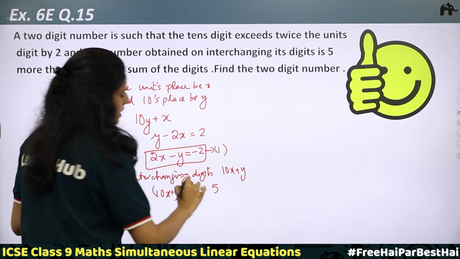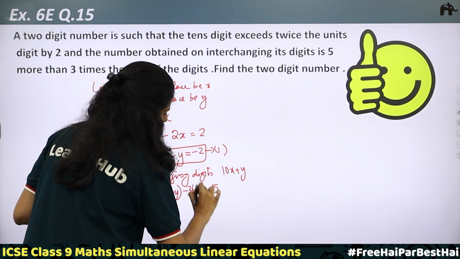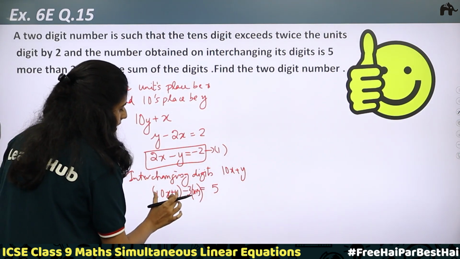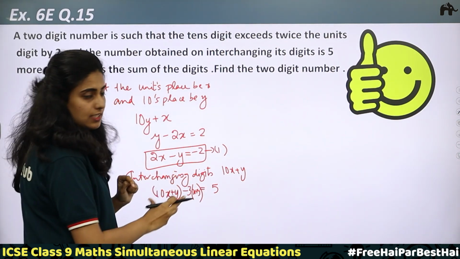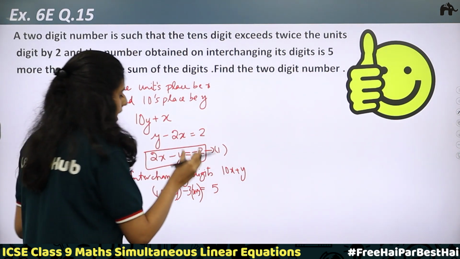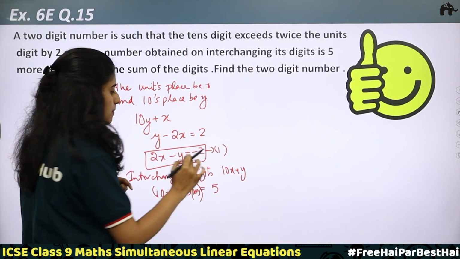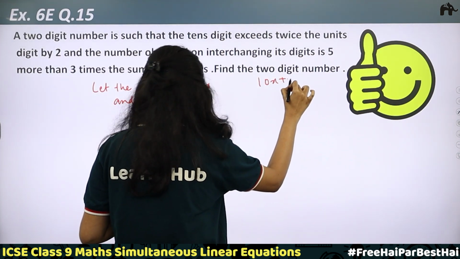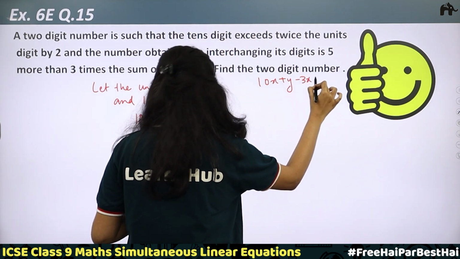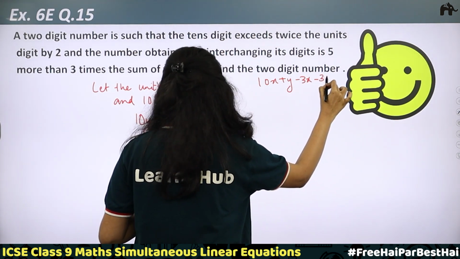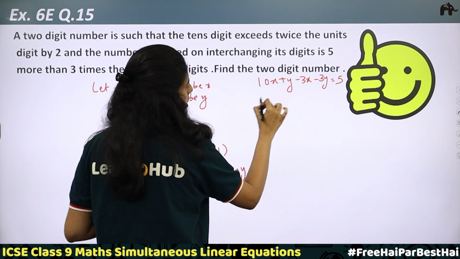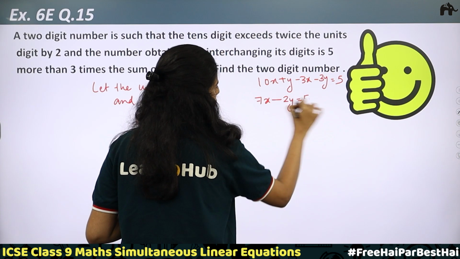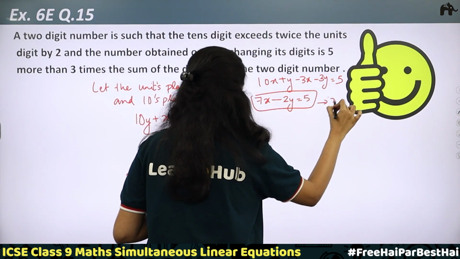Sum of digits is x plus y. So this number is greater than 3 times the sum of the digits by 5. Okay. So 10x plus y minus 3x minus 3y is equal to 5, or 7x minus 2y is equal to 5. So this is the second equation.